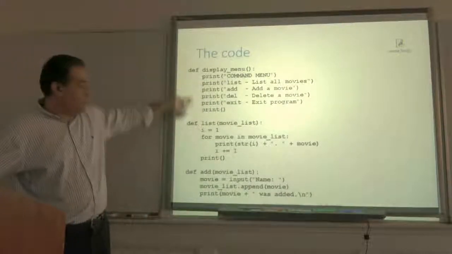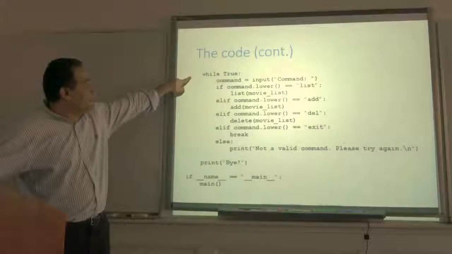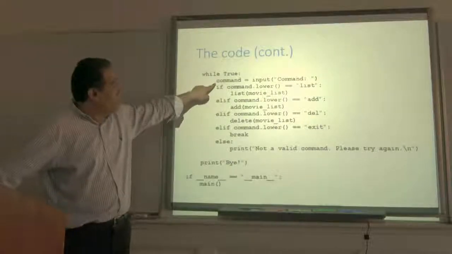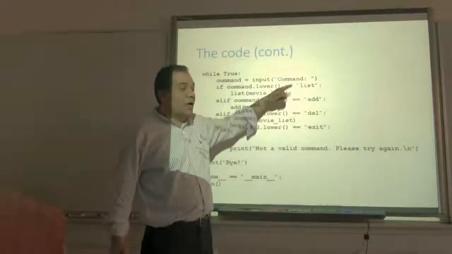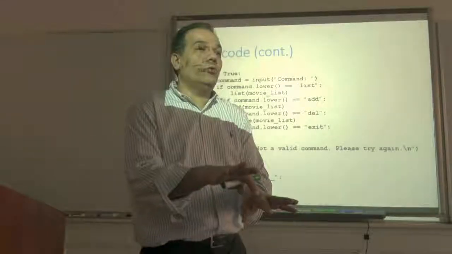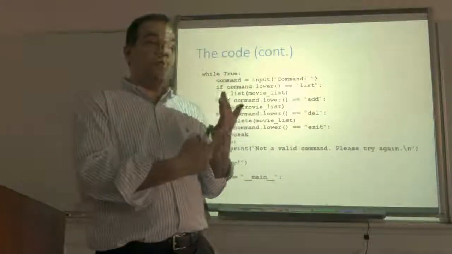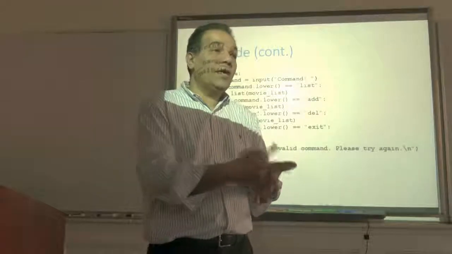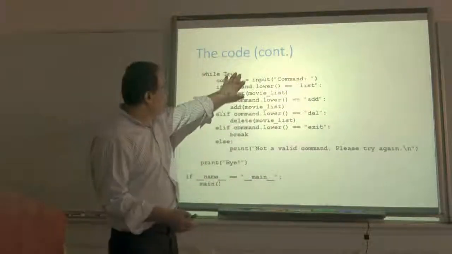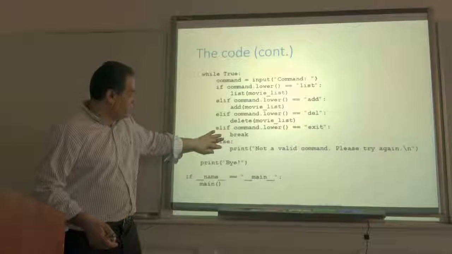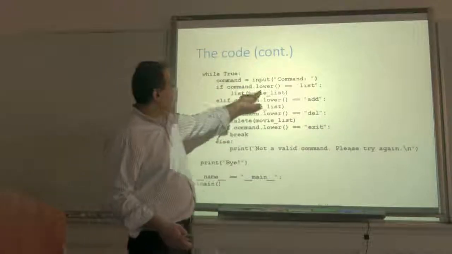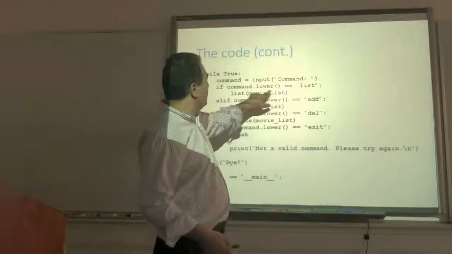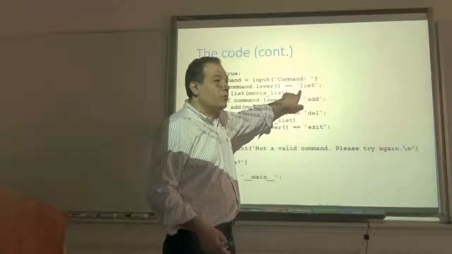This one. All right? Then after that, while true, command input. I need to know what task I want to do. Do I want to list the movies, add a movie, remove a movie, exit? What do I want to do? So in here, I keep looping to know what to do. So for example, if the command is list, what am I requested to do here?